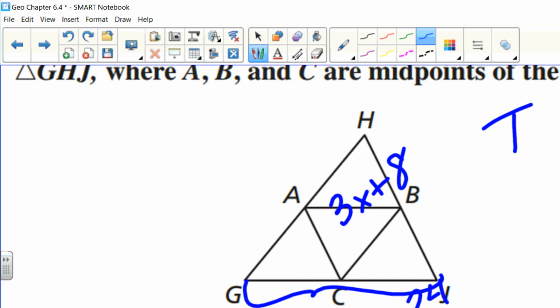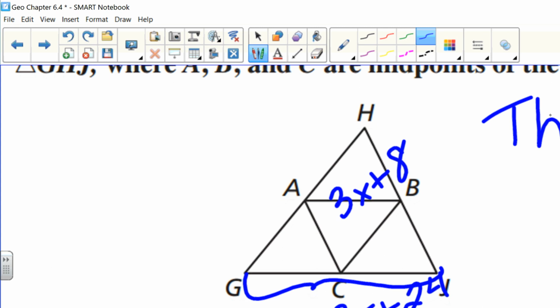Well, we know that the third side is equal to twice the midsegment. So if I want to find out the length of either one of these, I need to find the value of x. And once we find the value of x, we can plug it back in.